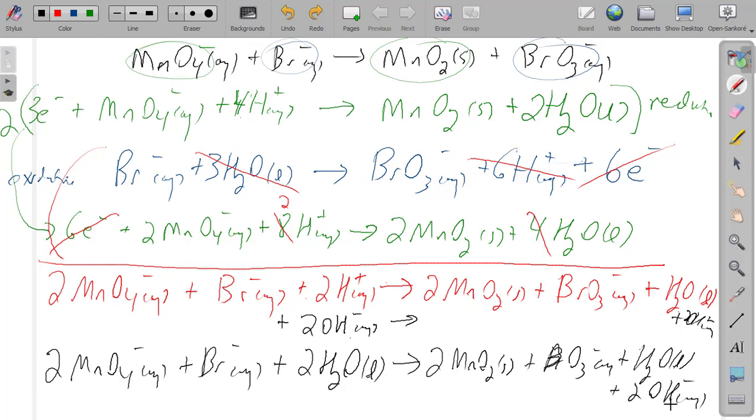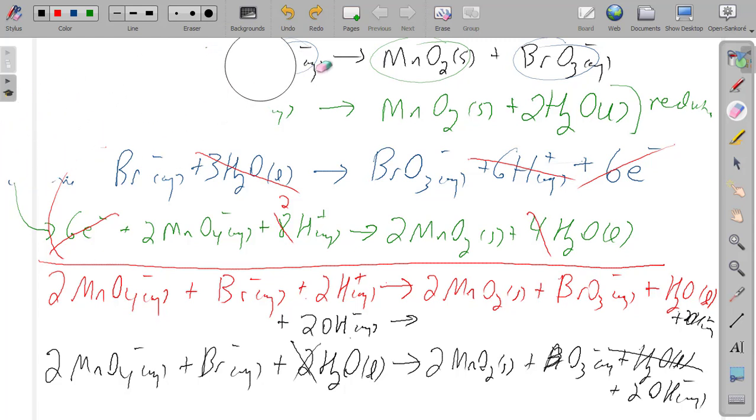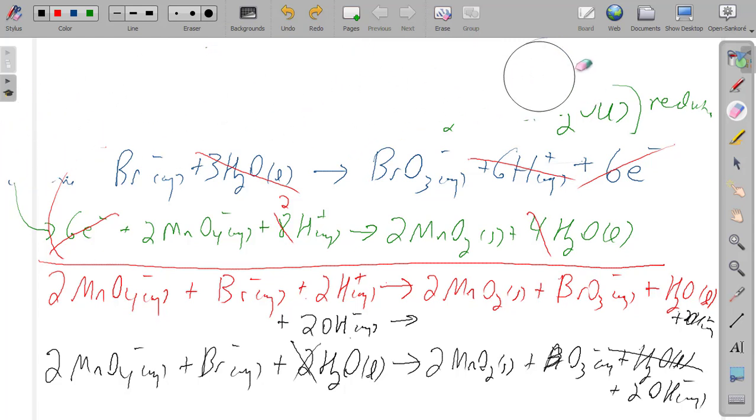Now, notice here again, we've made 2 waters here and 1 water here, so that's going to cancel away and leave just 1 on this side. So now I'm going to erase some stuff up here because I'm out of room. If it's all right, I'm going to erase up here to make some final room for this, and bring this up.